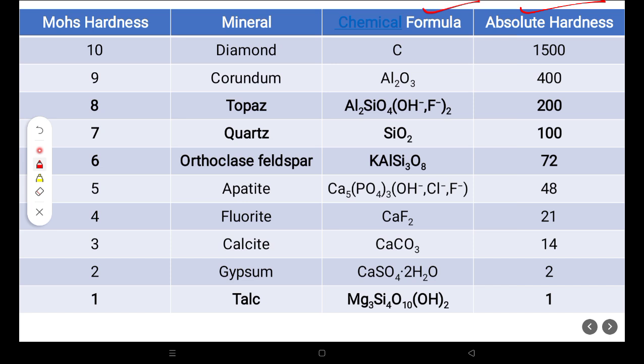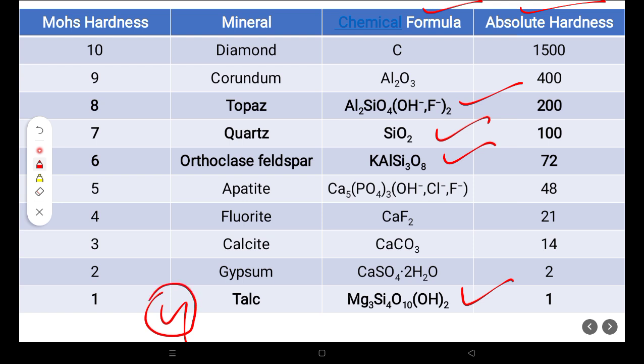And another important thing comes here, like how many silicates are there in the Mohs scale of hardness. As you can see here, talc is one, then orthoclase, then quartz, then topaz. So four silicates are there. How many oxides are there?